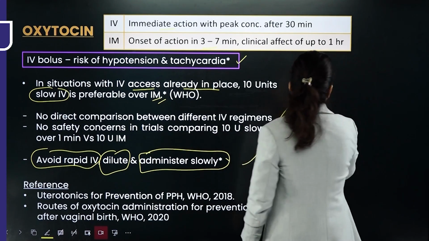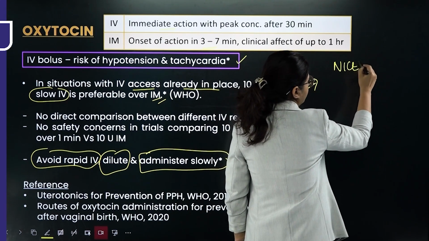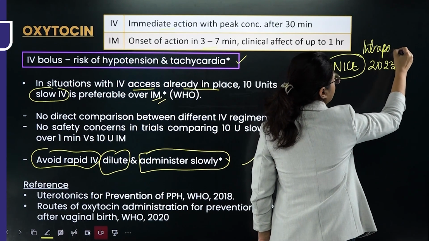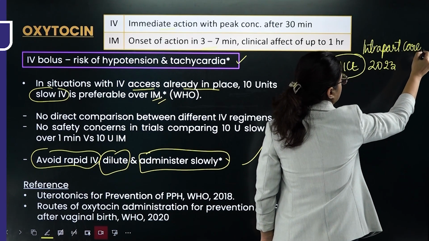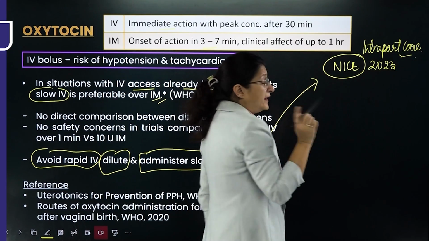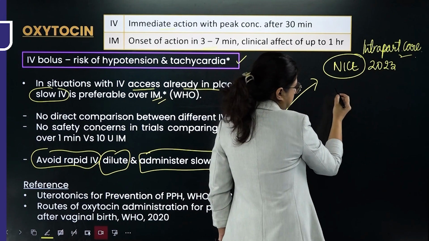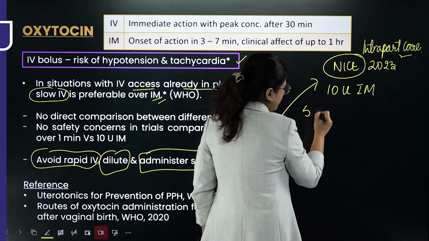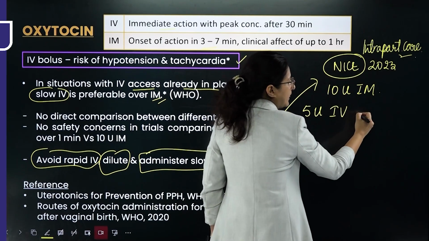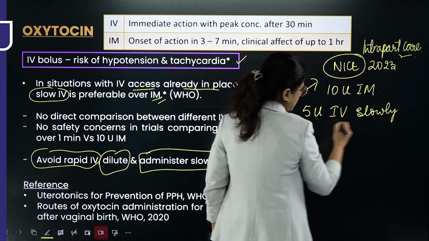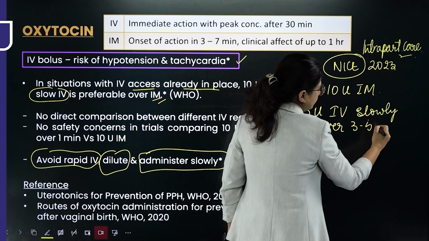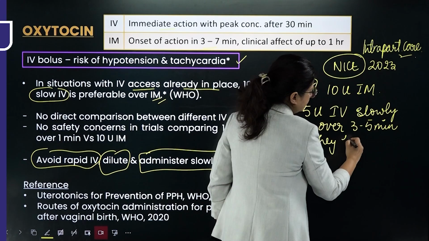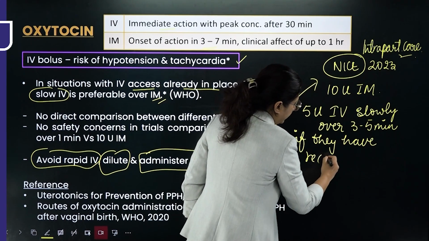Okay, but when you read up the NICE recommendations regarding active management of third stage of labor, the NICE guidelines on intrapartum care, they are saying that one can give 10 units intramuscular oxytocin or 5 units IV slowly over 3 to 5 minutes if they have received oxytocin in labor.